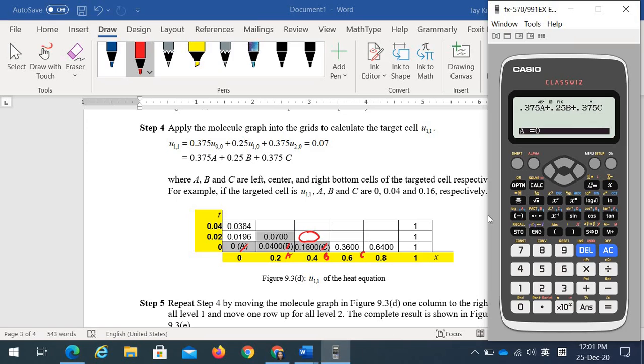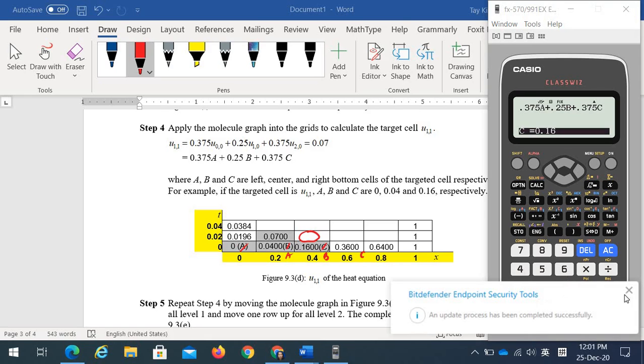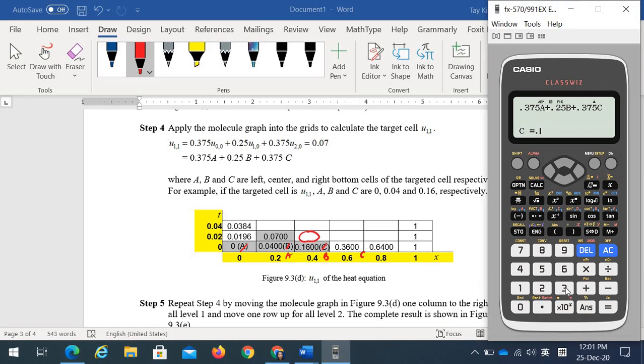Move one column to the right, so A now is 0.04, B is 0.16, C is 0.36. So you get this value is 0.19.